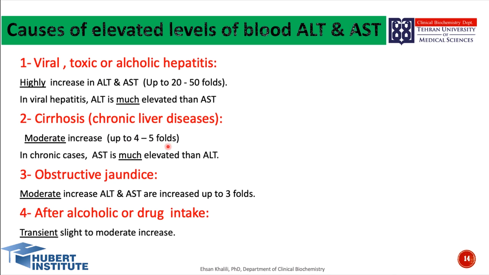In the graph you can see how much of this increase is because of cirrhosis or chronic disease of the liver. What about obstructive jaundice? We have a moderate increase of ALT and AST, up to 3 folds.